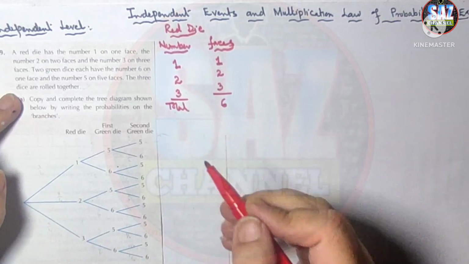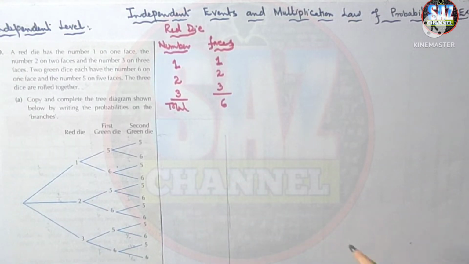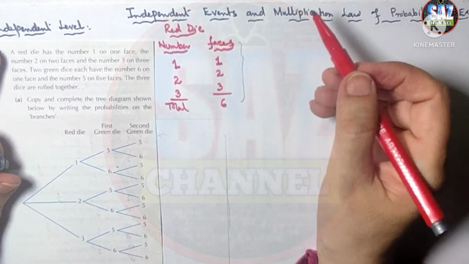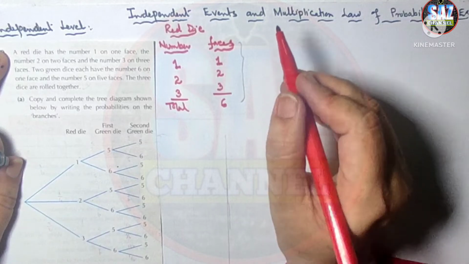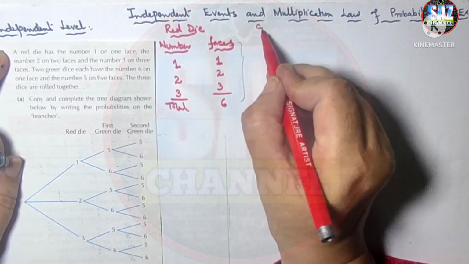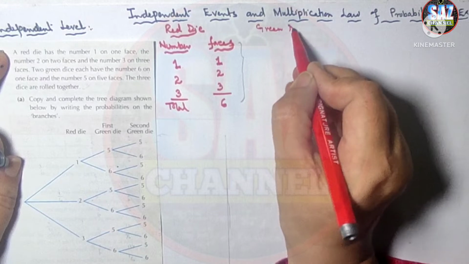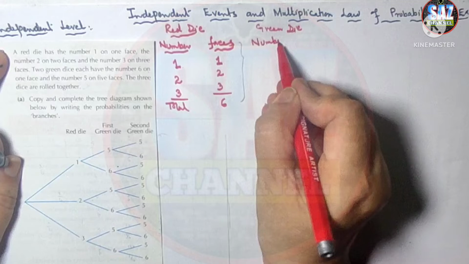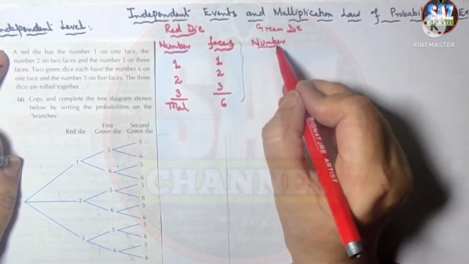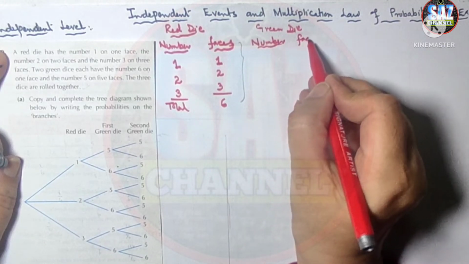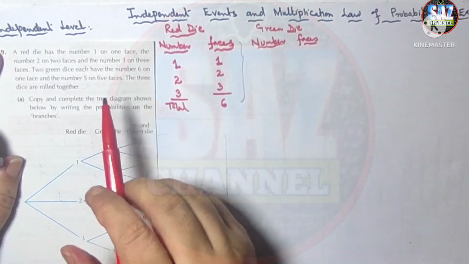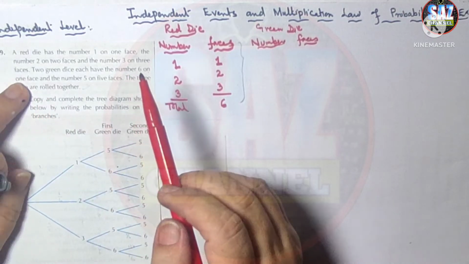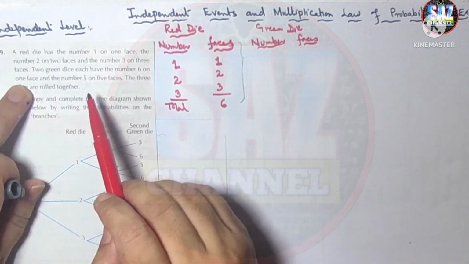Now, let's make some partitioning here, and then data for the green dice. There are 2 green dice. For the green dice, the numbers written on them and the faces: 2 green dice each have the number 6 on 1 face, and the number 5 on 5 faces.